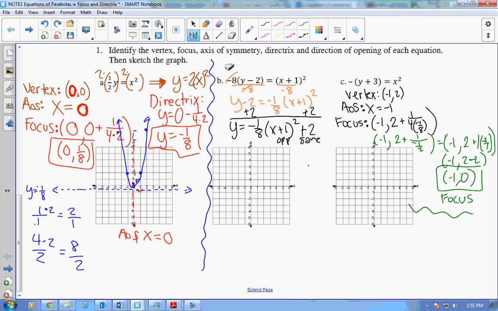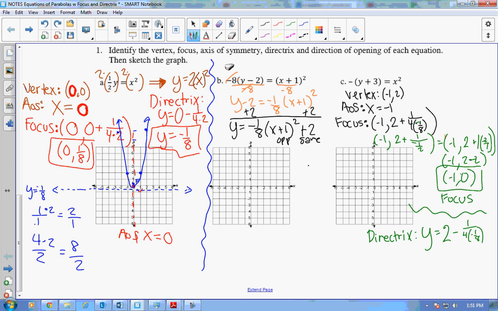The directrix is very similar to the y part of the focus, but the focus does plus. What does the directrix do? Minus. So for the directrix, it's an equation, y equals, because the directrix is horizontal, slicing through the y-axis. Everything's the same as in the y part of the focus, except we put minus 1/4 times negative 1/8.